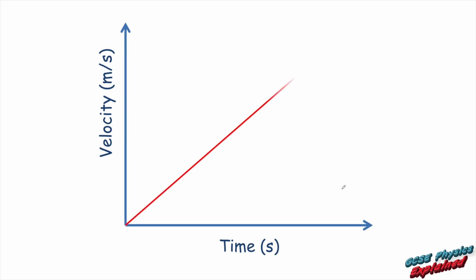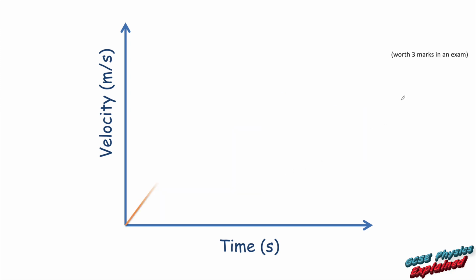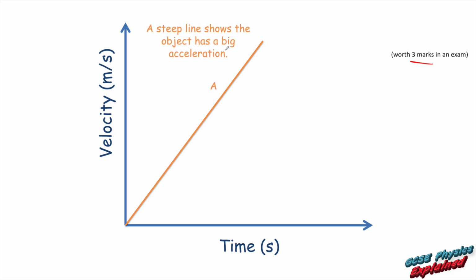So what might you get in an exam? Well, you might just get a straight line like that, and because it's a constant slope, it means it's a constant acceleration. How do you get 3 marks though for being able to explain that? It's got a big acceleration, that's 1 mark because it's a steep line.